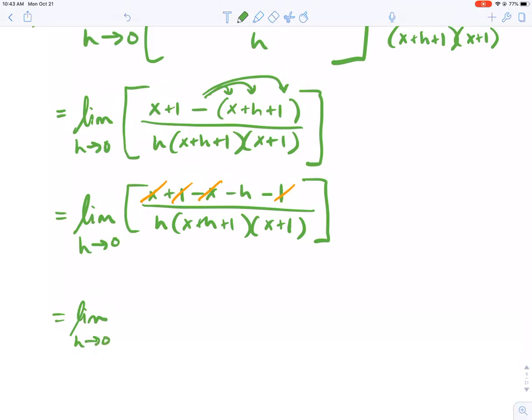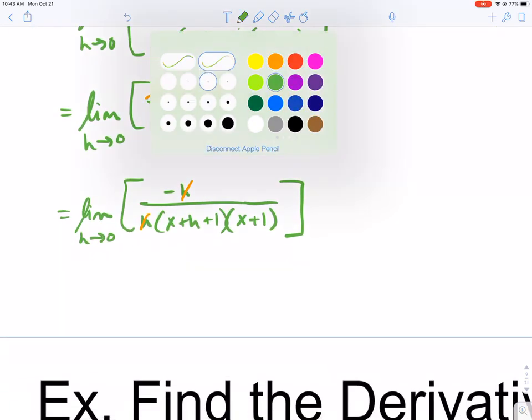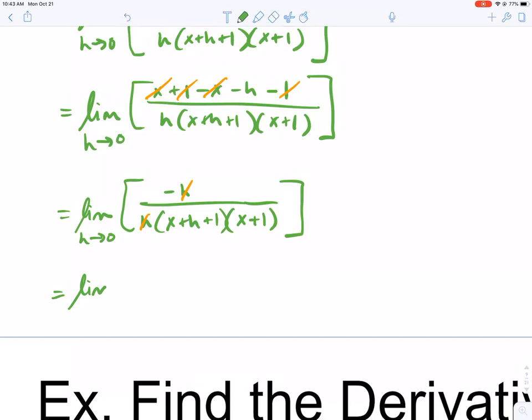And you could maybe do this in fewer steps, but I just want to show canceling the h's in the numerator and denominator as a separate step. But I would have been okay if you did that all in the previous step. Okay, so now we can see that this h will cancel with this h, which leaves us with the limit as h approaches 0 of -1 over x plus h plus 1 times x plus 1.